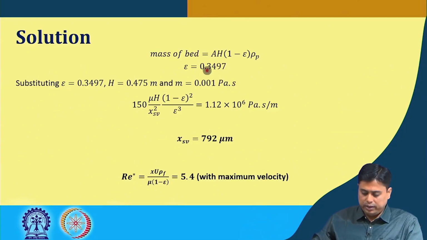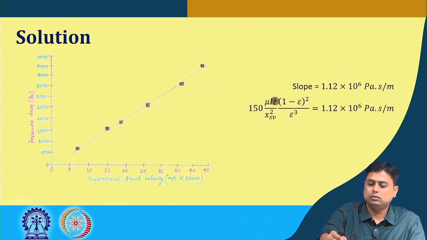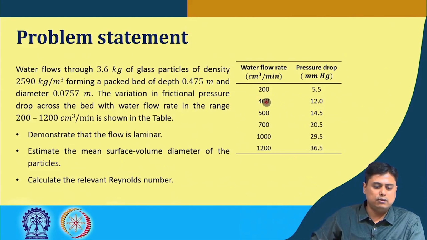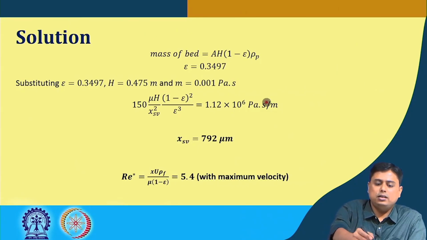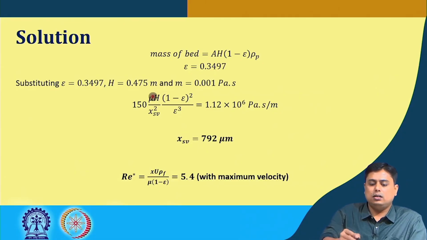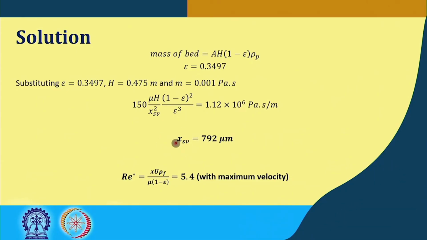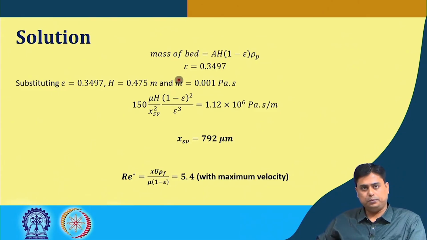Now, if we replace this epsilon in this expression with the other known values, the viscosity, because the viscosity value is given here for water, and the height is also known, we get the x_SV. Here epsilon is known, height is known, and this symbol, which is not coming properly here, is actually the mu.